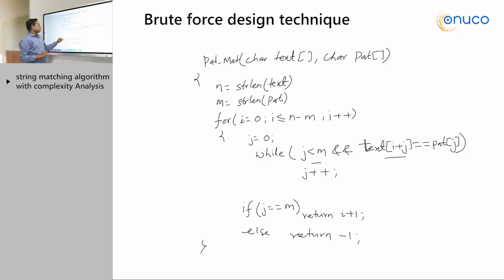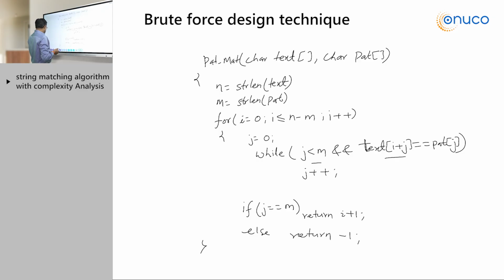Suppose in a given example we don't have the proper pattern, it's not present. In that case, maybe we are not going to encounter these scenarios, right? Hence the value of j will be lesser than m because the pattern is not found. In that case, it will return minus 1. Hence, we can say that that particular pattern is not present in the given text, right?